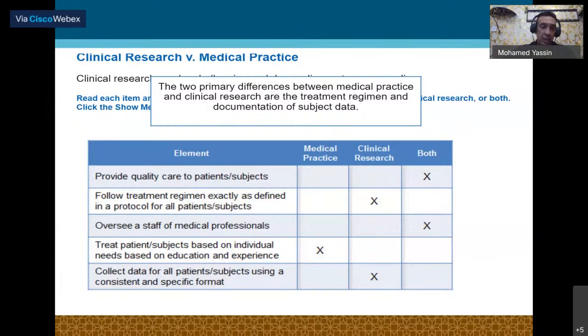So there should usually be no deviation from the protocol. And then the last point, which is collecting data for patients using a consistent and specific format. We call it a CRF, or clinical research form or data collection form. We use this in clinical research, where you use a unified data set for all of our patients.